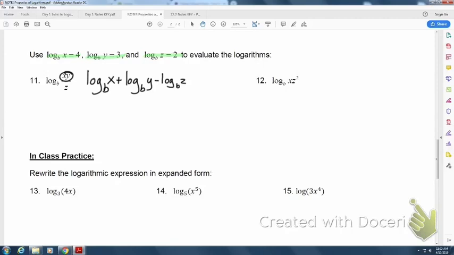And then you just use the key, because it says log base b of x is 4, log base b of y is 3, log base b of z is 2. So you would do 4 plus 3, which is 7, minus 2, and so you would get 5 as your answer.